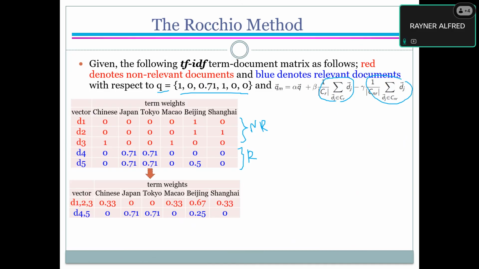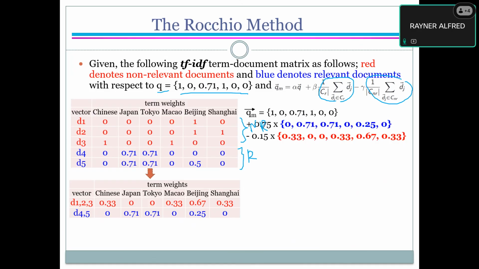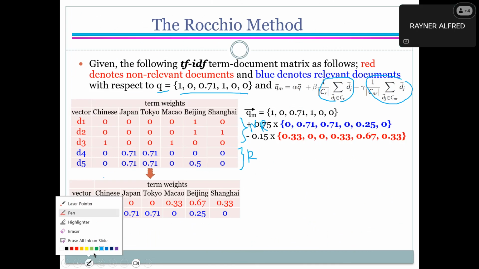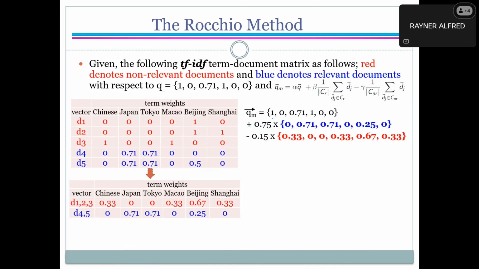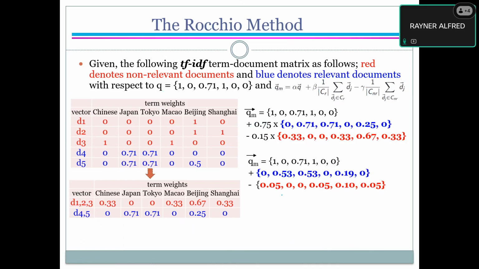So we have these three vectors already: Q, relevant document, and also non-relevant document. So we will apply the formula here. So the modified query will be this.